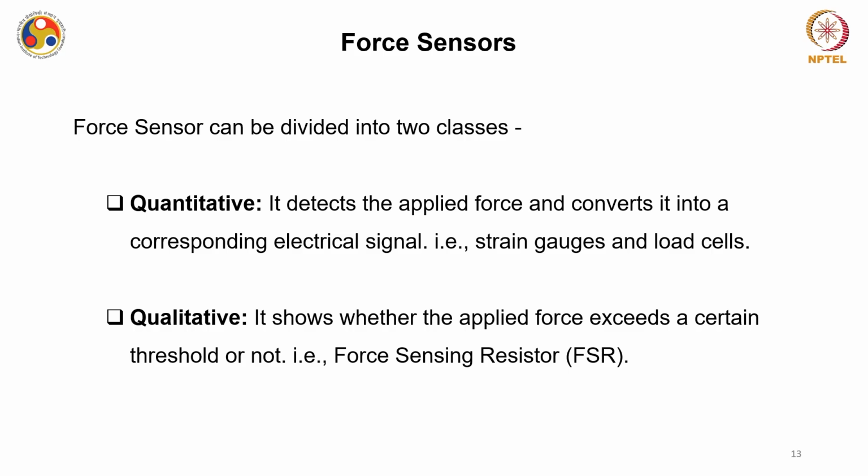As I have mentioned, for several applications these qualitative force sensors are required, where you do not bother when the force is below a certain threshold, but you become very careful if the force applied is beyond the threshold. For those kinds of applications, force sensing resistors or FSRs are very crucial.